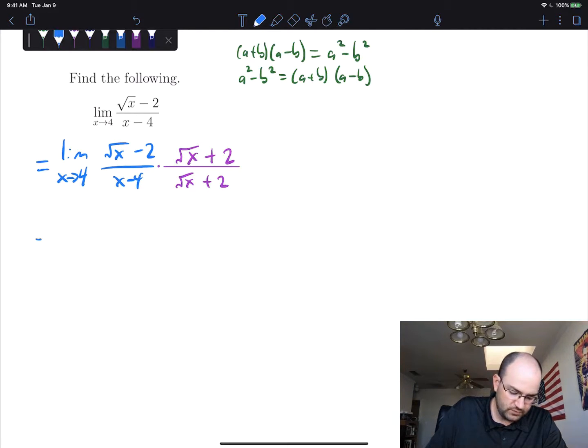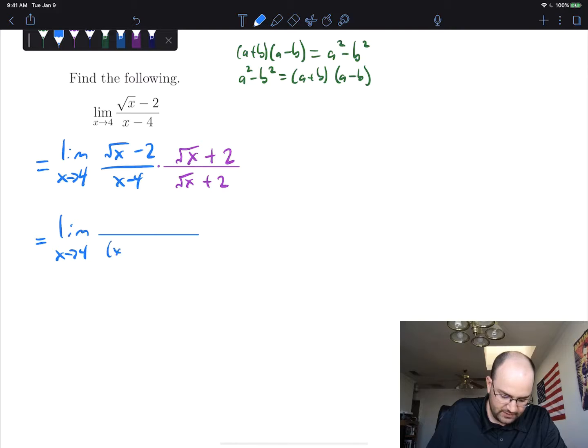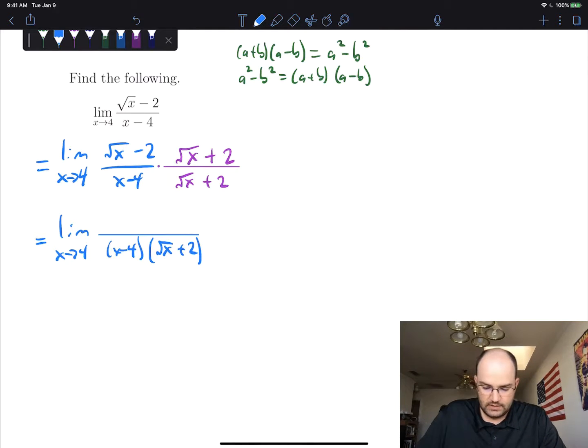Okay, notice what's going to happen here. First of all, in the denominator, nothing's going to multiply. We're just going to leave it as x minus 4 times the square root of x plus 2. The numerator, however, we have square root of x minus 2 times square root of x plus 2, which is in this form here. Now, this form means that this is what we're going to get, a squared minus b squared.